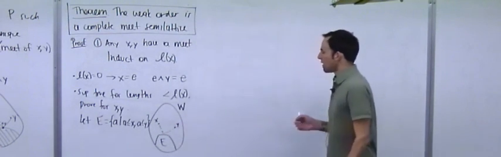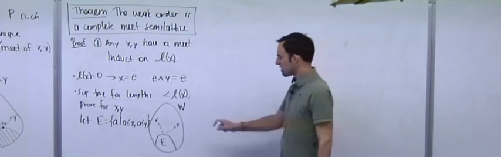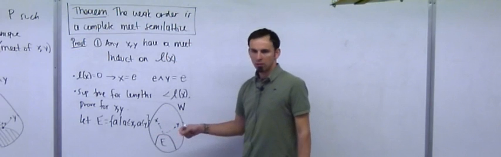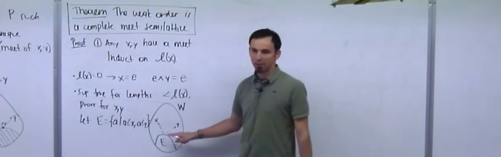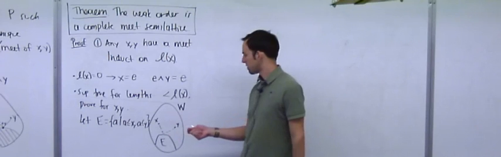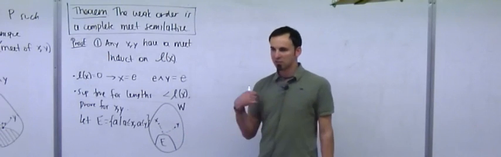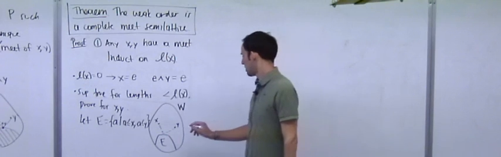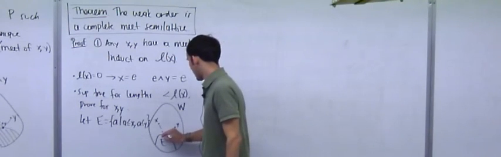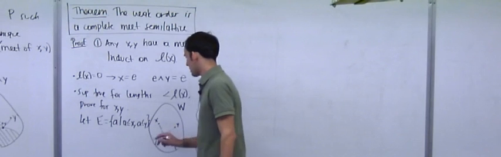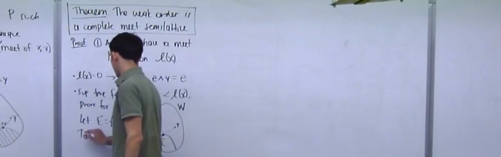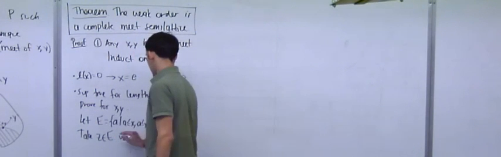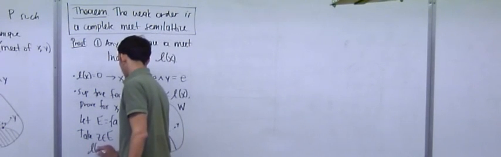Now, let me just take some random guy here in the highest level. Now, what I'm going to prove, of course, is that there's a unique guy in the highest level, which is the meet. But I don't know that yet, so let me just take some random one, and then I'll prove that that one is the meet. So let me take a guy here, call it z. So take z with maximum length.